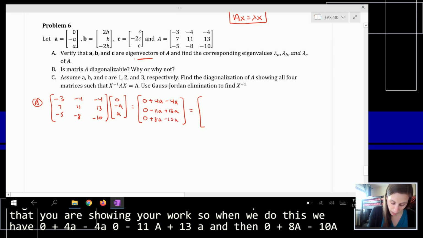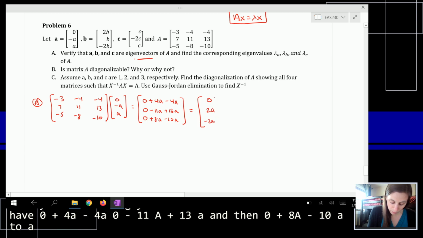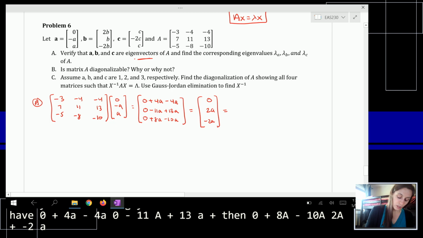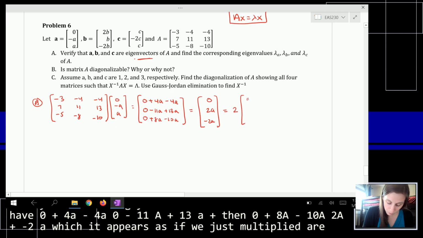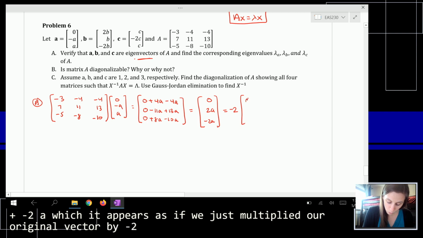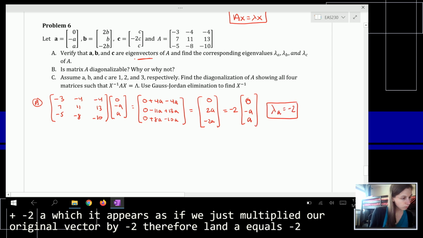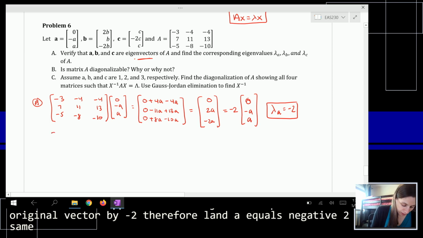So notice what happens. We end up with 0, 2a, and negative 2a, which appears as if we just multiplied our original vector by negative 2. Therefore, lambda a equals negative 2. Same thing for the next one.